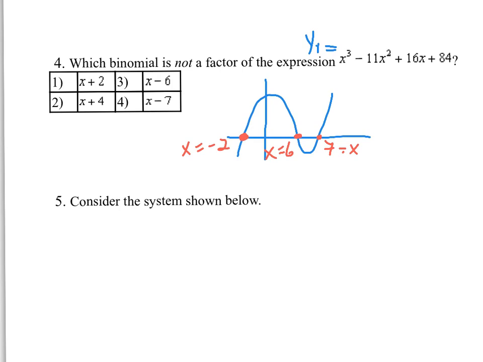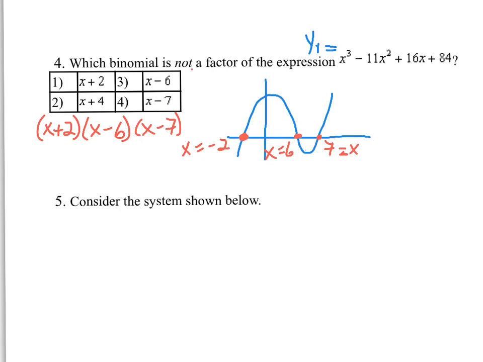Those are our 3 zeros, which means, remember, if we wanted to make factors out of those, we would just change the signs. So x plus 2 would be one of the factors. Then we would have x minus 6 as another factor. Oops, I'm sorry, that's supposed to be 7 equals x. And then x minus 7 would be the other factor.